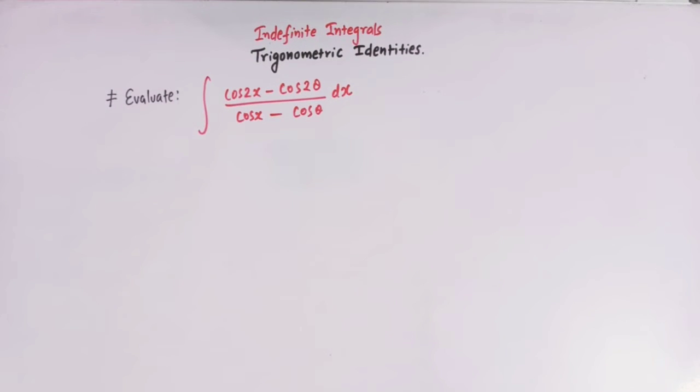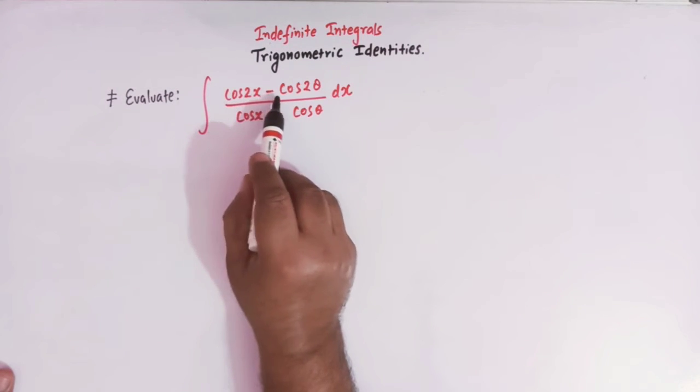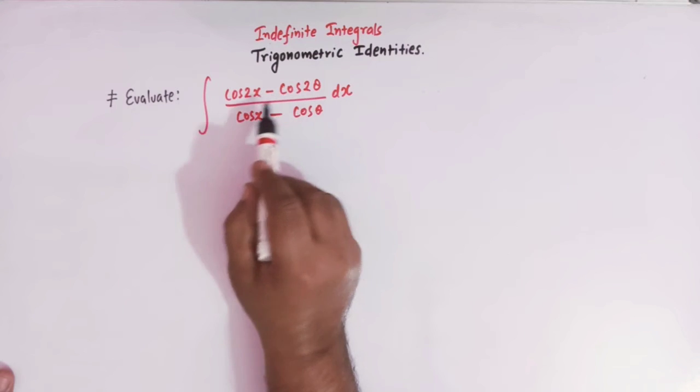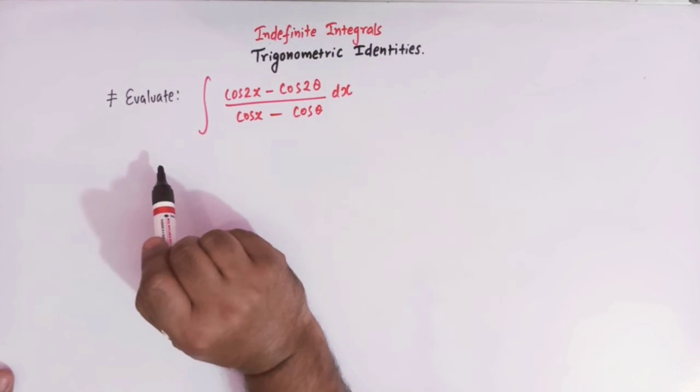Now let us take one more important problem. Here we have to find the integral of cos 2x minus cos 2 theta divided by cos x minus cos theta, right?